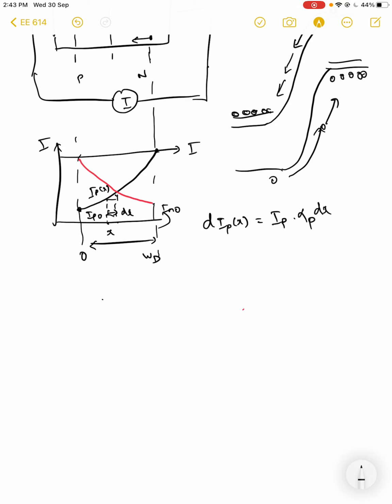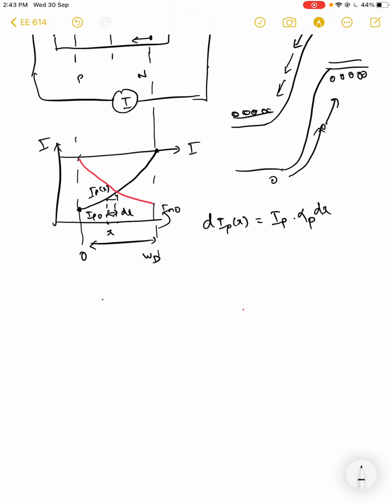So IP alpha P is the number of holes present per unit time in the depletion width, and alpha P is the probability of those holes ionizing further carriers. This is the additional electron-hole pair that you generated.